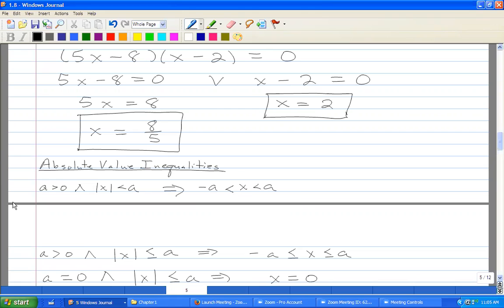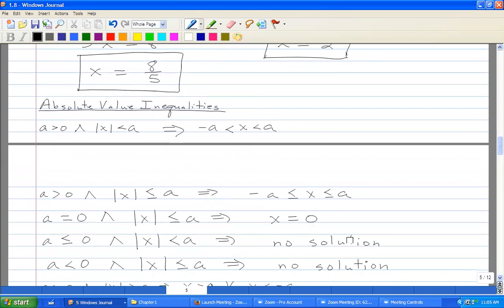So automatically, if I have the absolute value of x less than a, if a is positive, then x is between negative a and positive a. If the absolute value of x is less than or equal to a, and a is greater than 0, then x is between negative a and a.